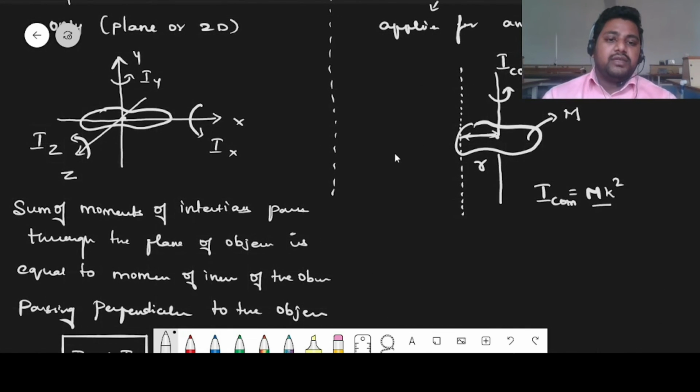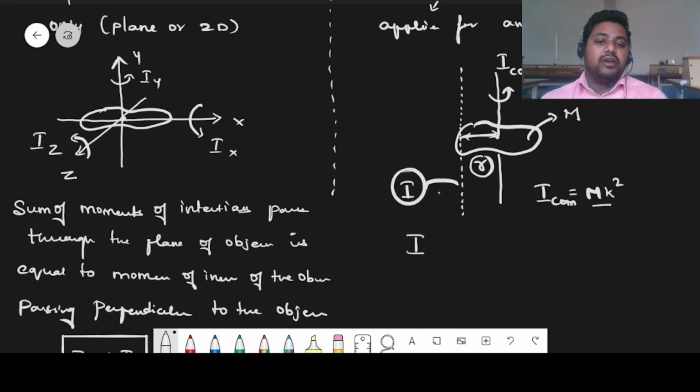Next, r is the distance from that particular axis to the other axis, and the two axes are parallel to each other. Only then can we use the parallel axis theorem. Now the moment of inertia through this point, which is parallel to that, can be written as I through the center of mass plus m r square, where r is the distance between them.